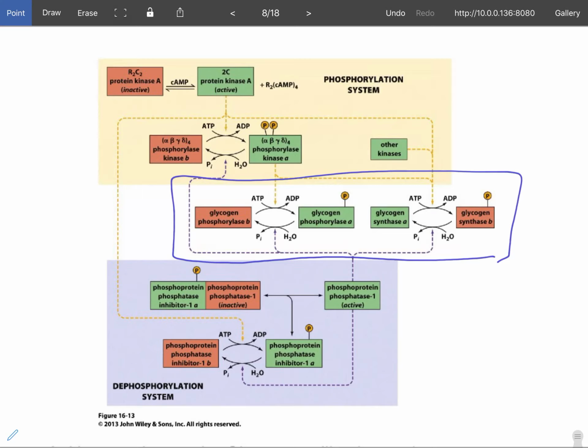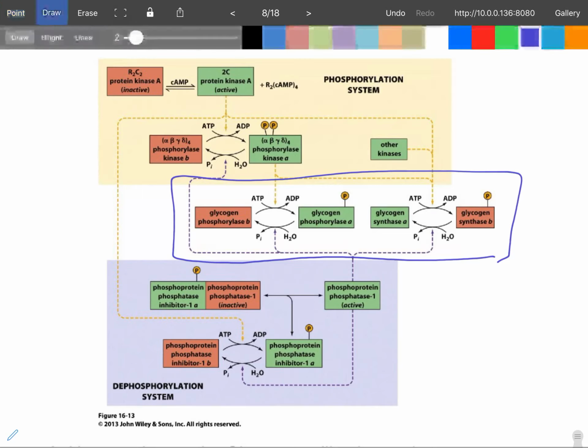And so let's just think about how this goes about. Let's say, for example, that we have turned on the phosphorylation system. That means that glycogen phosphorylase is going to be switched on, and glycogen synthase is going to be switched off.